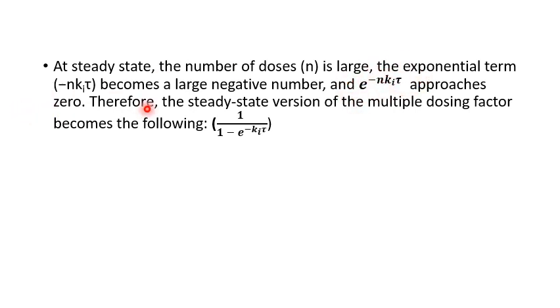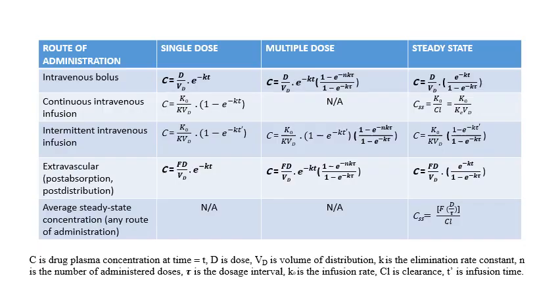Therefore, the steady state version of the multiple dosing factor becomes 1 over 1 minus e to the power of minus k multiplied by tau. Because we assume that following a high number of doses, the drug will reach a steady state plasma concentration, this number becomes very high and the value approaches zero, and therefore the factor can be written this way.